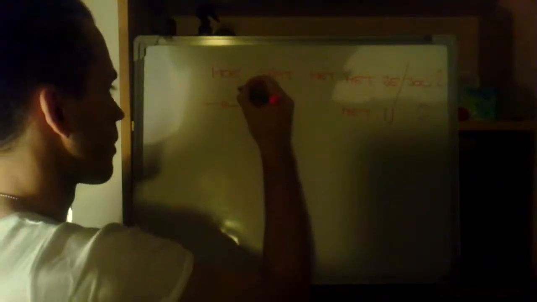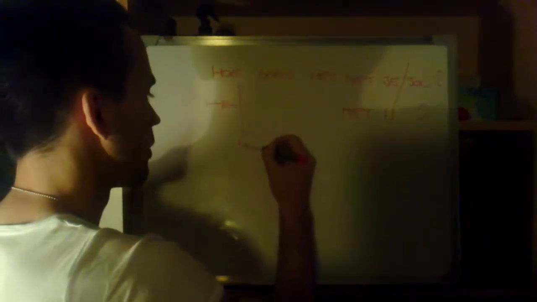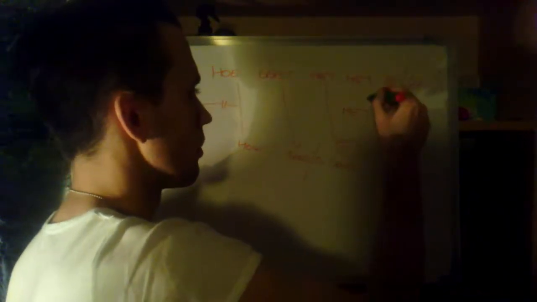The literal meaning is "how goes", or let's say "how is going", so the third person singular. And het means it. Met means with.